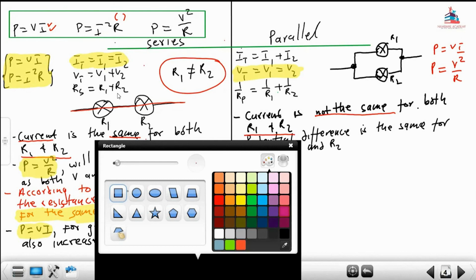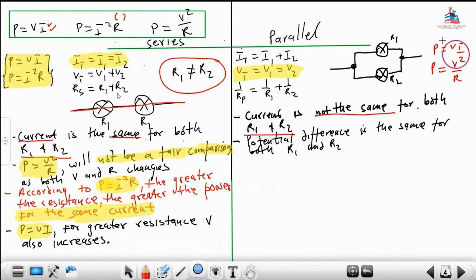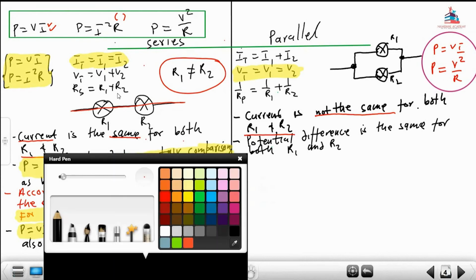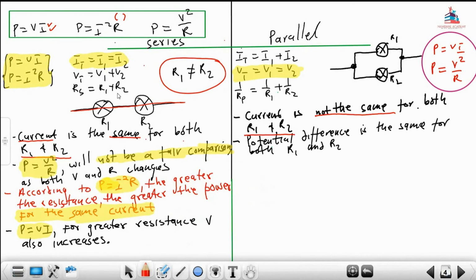Why these equations? One can easily see that now, P is equals to VI. The potential difference will be the same for R1 and R2.